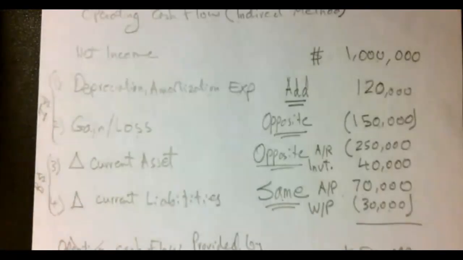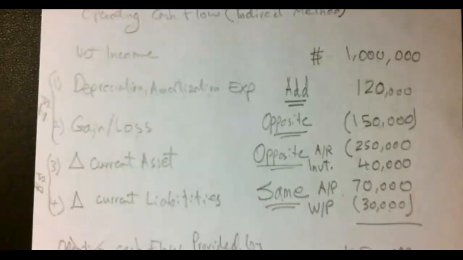Wages payable, if it has been decreased, that means the cash has been paid for it. If cash has been paid and your wages payable has decreased compared to last year, then your cash has technically decreased, right? Because you paid a portion of your wages payable compared to last year's balance sheet.